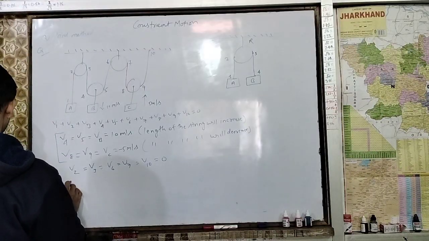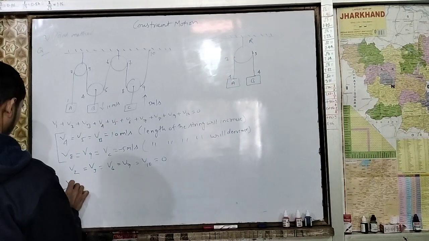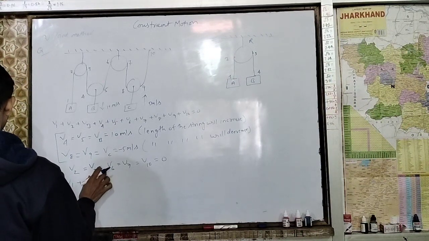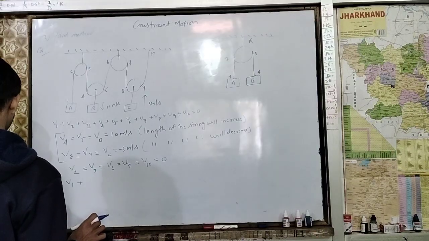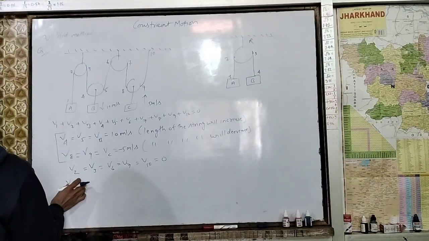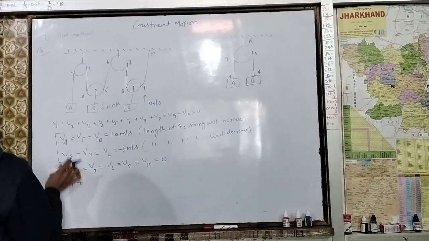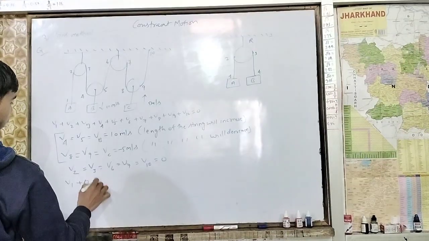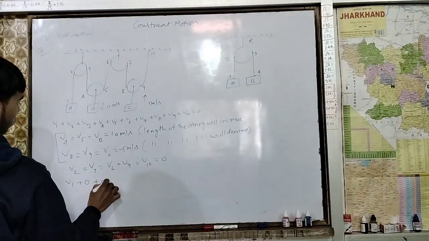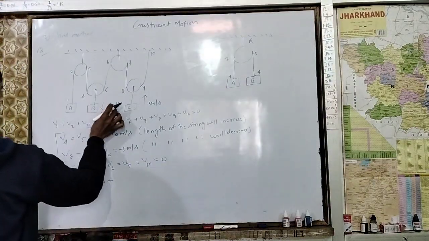So velocity of 1 is not equal to 0. Velocity of 2 is equal to 0. Velocity of 3, 0. Velocity of 4 is a 10.